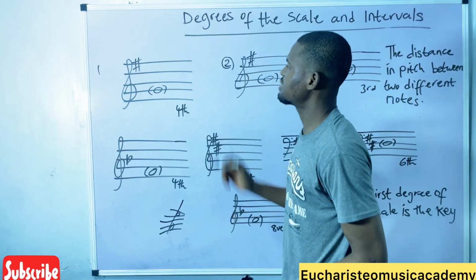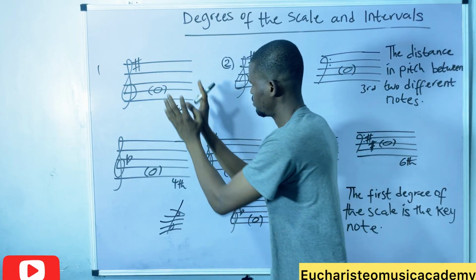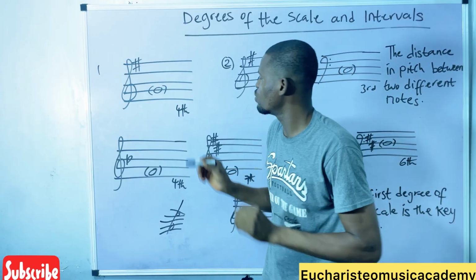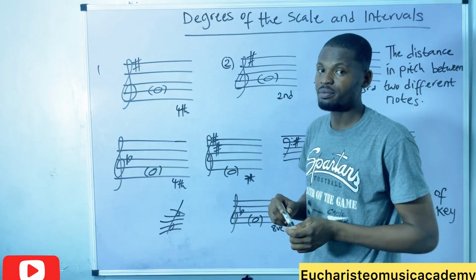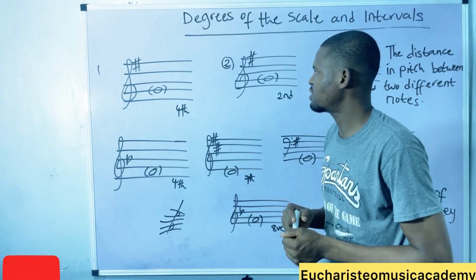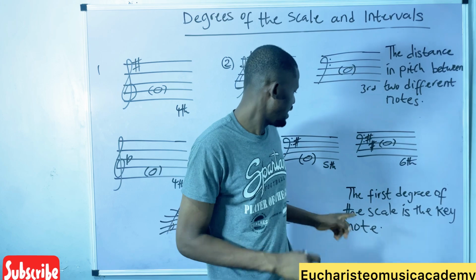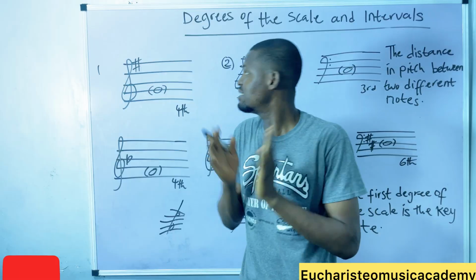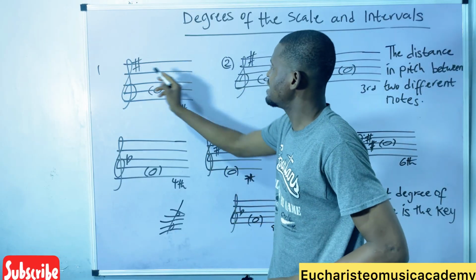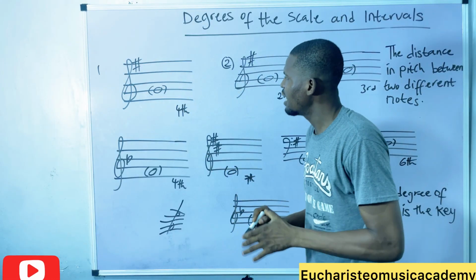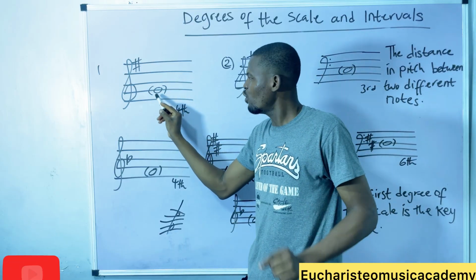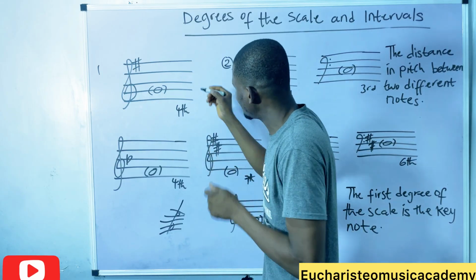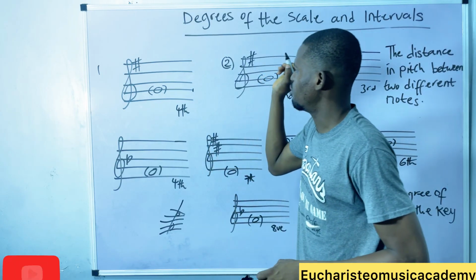So let's start. In these questions, they are asking us to draw a note at the fourth degree. One thing you should take note of is that the first degree of the scale is the keynote. Now, if this is key G major and the keynote is on G, this line will be our first degree, number one.